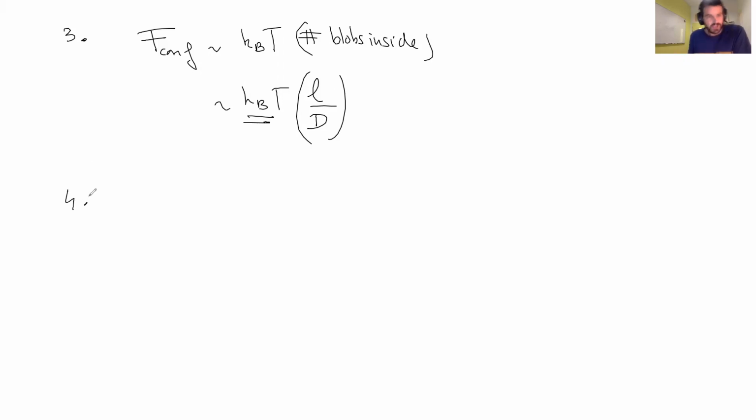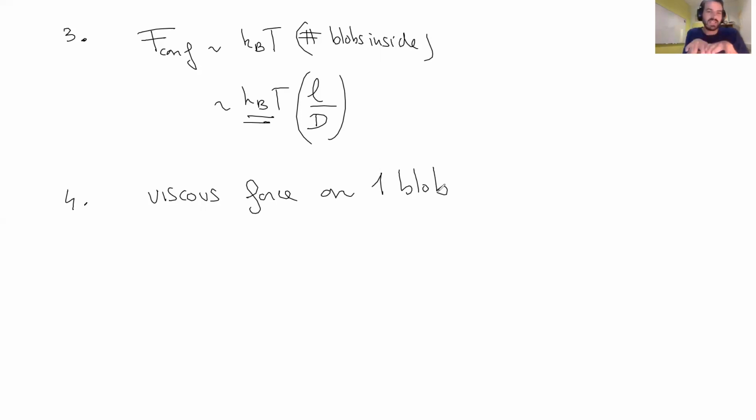But there is a strategy, which is to put some flux. So now let us estimate the work the operator has to perform. Before that, I would like to calculate the viscous force exerted on one blob.